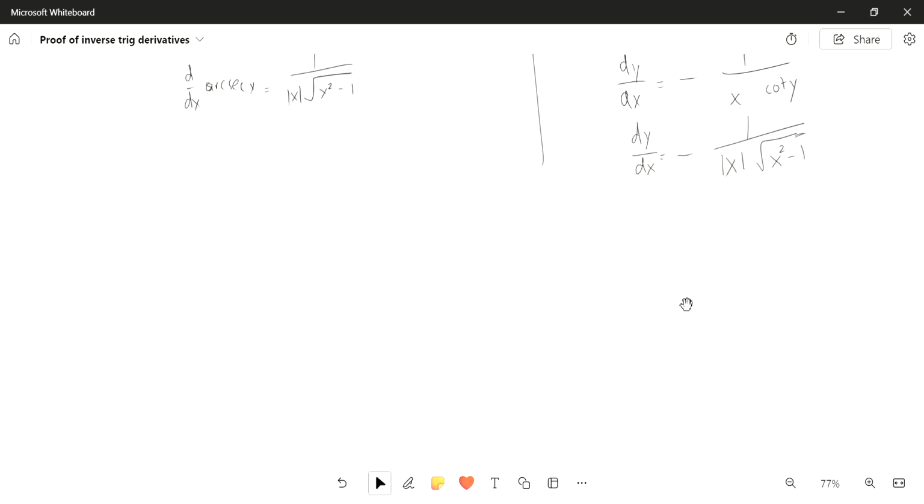So now I guess this is it, and I'll try and quickly draw the arcsecant and arccosecant graph. So the secant graph looks a little bit like this, and it's defined from 0 to pi.